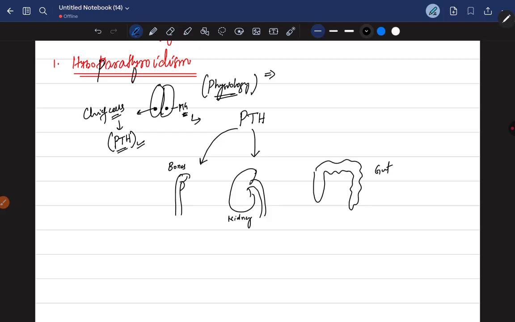This is the normal physiology. Now, normally these parathyroid glands secrete parathormone. When it acts on the bones, it acts on the osteoclasts of these bones, and these osteoclasts help in the reabsorption of calcium.